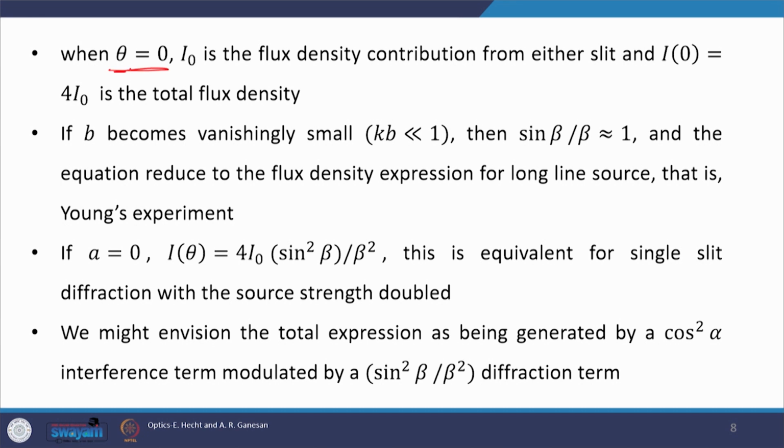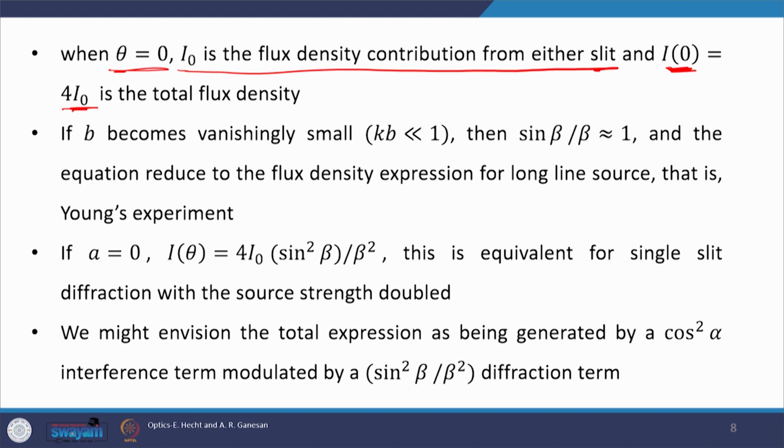We will clarify it right now. Suppose theta is equal to 0. What would be the irradiance in the theta is equal to 0 direction? At theta is equal to 0, I naught is the flux density contribution from either slit, and therefore I theta 0, or I 0, would be equal to 4 I naught, which is the total flux density in the theta is equal to 0 direction.